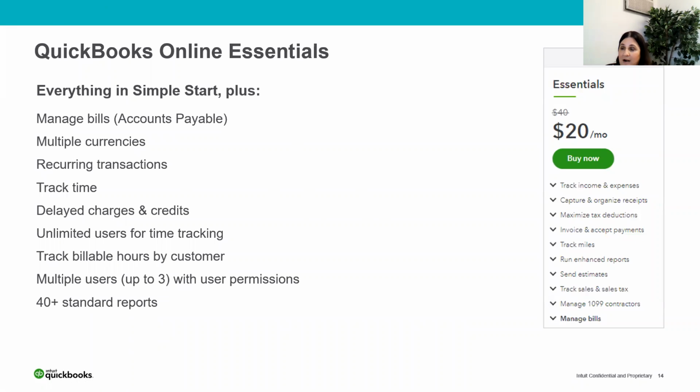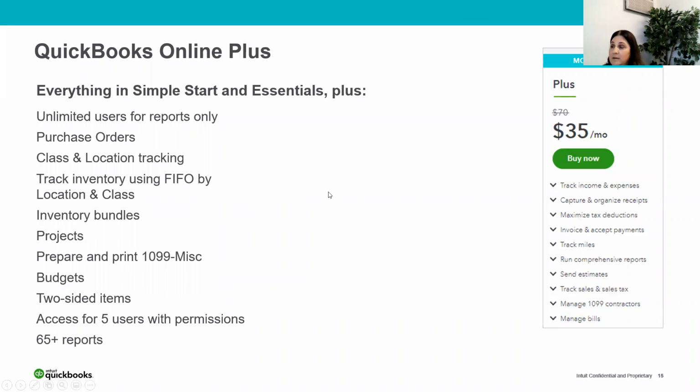We find that our clients who use either Essentials or the next one I'm going to show you, QuickBooks Plus, we can get the reports to them oftentimes within 24 hours, which is amazing. If you know anything about accounting reports, it used to take a week when people would request these things. But because your information uploads quickly and we can code it quickly, we can turn things around pretty fast.